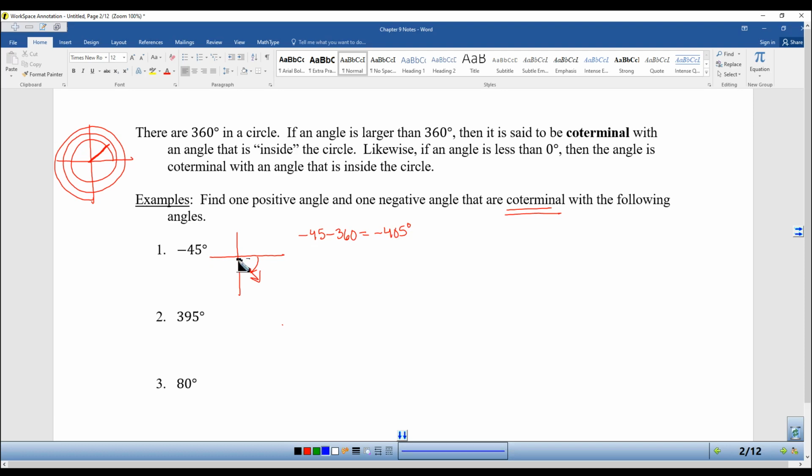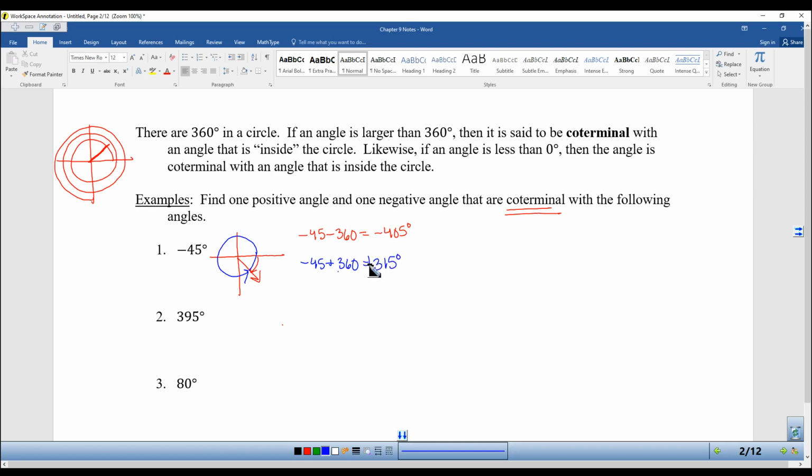Or somebody might get to this spot by going counterclockwise, as positive angles do. And that distance would be 315. And you can get that from adding 360. In other words, if you're right here and you think about it as going all the way around, adding 360 in the counterclockwise direction, you'll end up with 315.